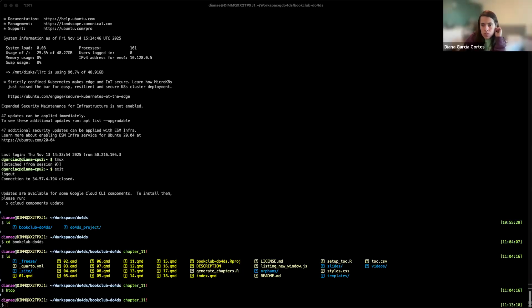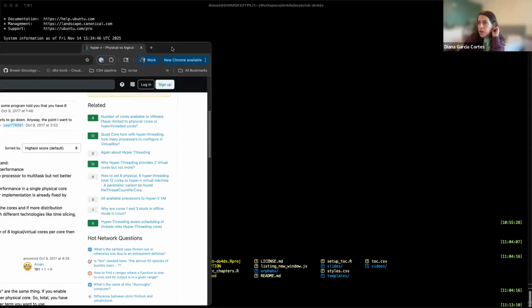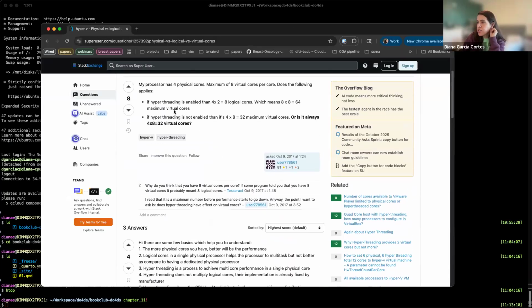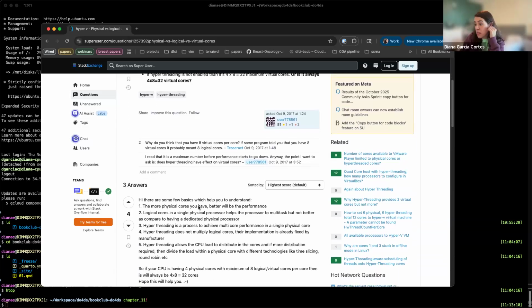So, just by making a super quick Google search, it says that you can have 8 virtual cores per real core. So if you do something that's called hyperthreading. I've heard of that.